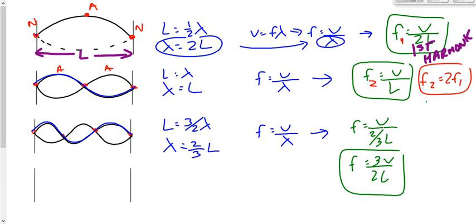Right? If you take F1 and multiply it by 2, you get 2V over 2L, which is the same as saying V over L. If you take the first one and multiply it by 3, you get 3V over 2L. In other words, you get the third harmonic.